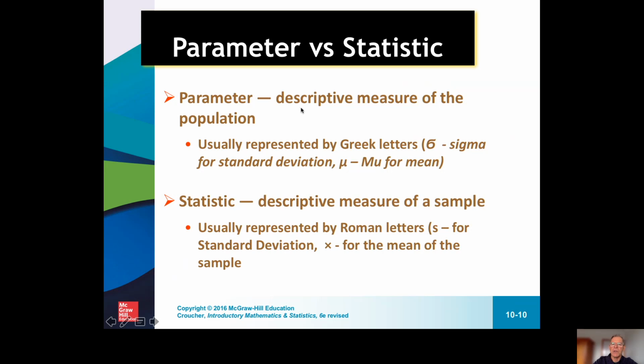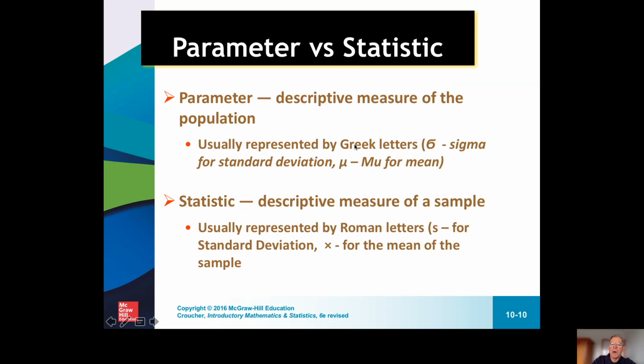So anything we do with population data, that's what we call a parameter. A statistic is any sort of calculation or measure that we might be conducting on a sample. So interestingly, we've got statistic, the topic, and statistic, the measure, if you like. So two meanings of the same word.